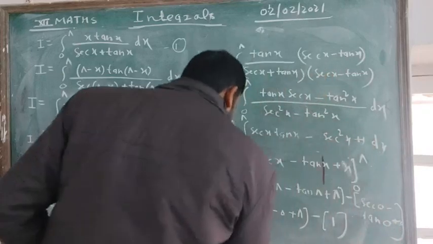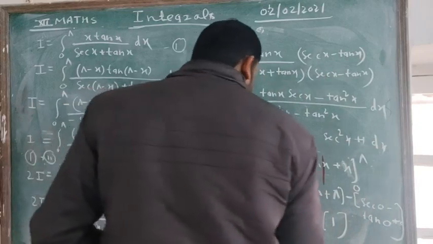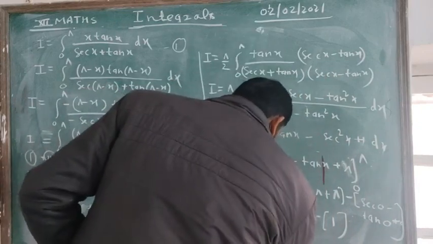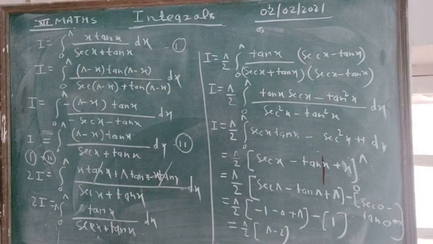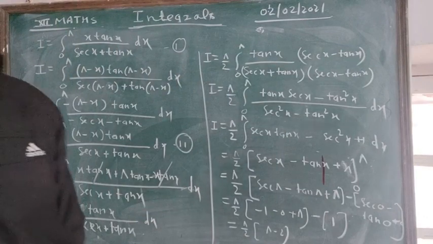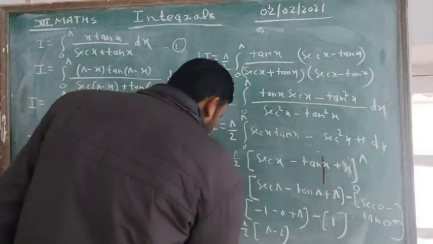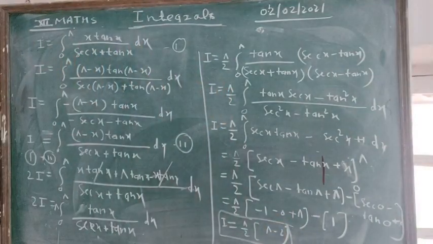So here we are getting pi by 2 and minus pi minus 2. Okay students, so we are getting I is pi by 2 times (pi minus 2). So this is our required integration of this question which we are solving.